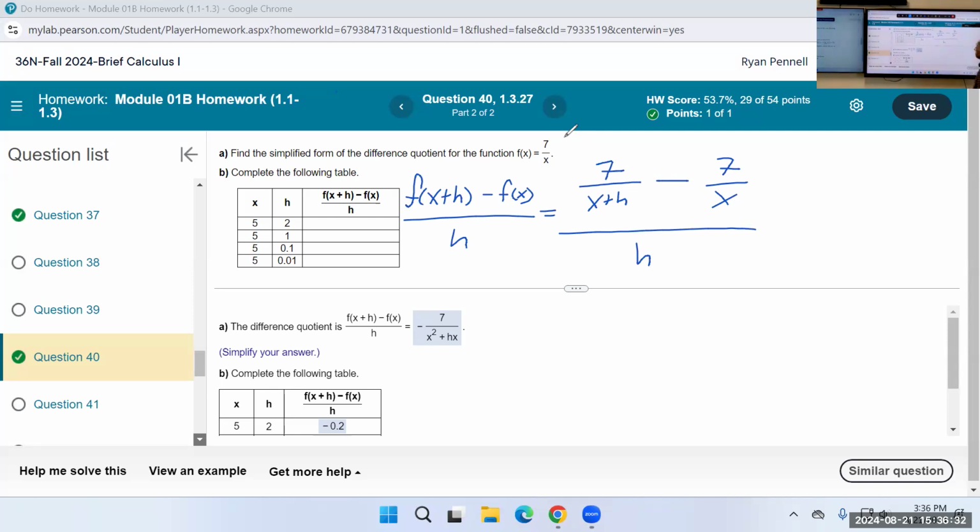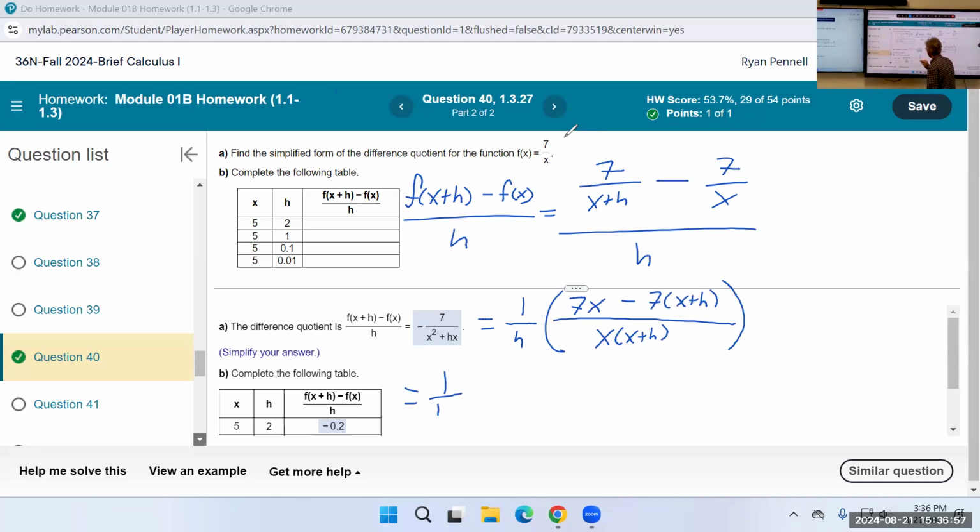Okay. From there, I can say that 1 over h times, cross multiply, 7x minus 7 times x plus h, divided by x plus h times x, which is x squared plus hx. I'm gonna keep doing my algebra and see what happens. 1 over h, 7x minus 7x minus 7h, over x squared plus hx.